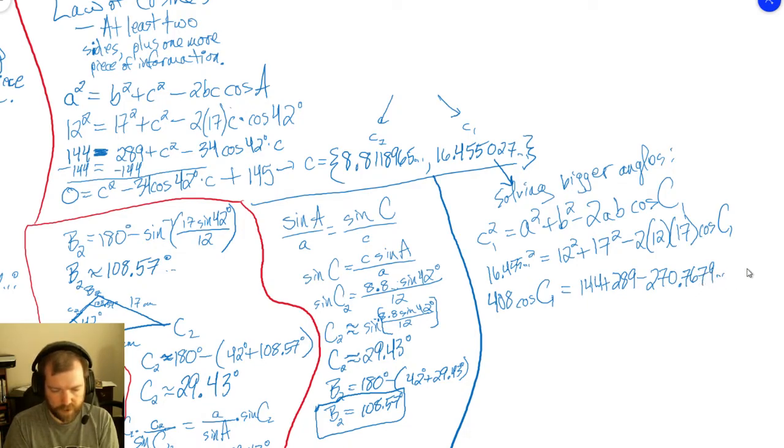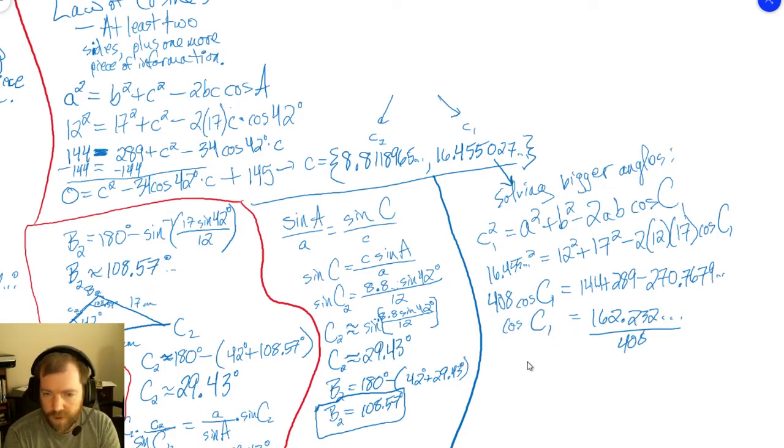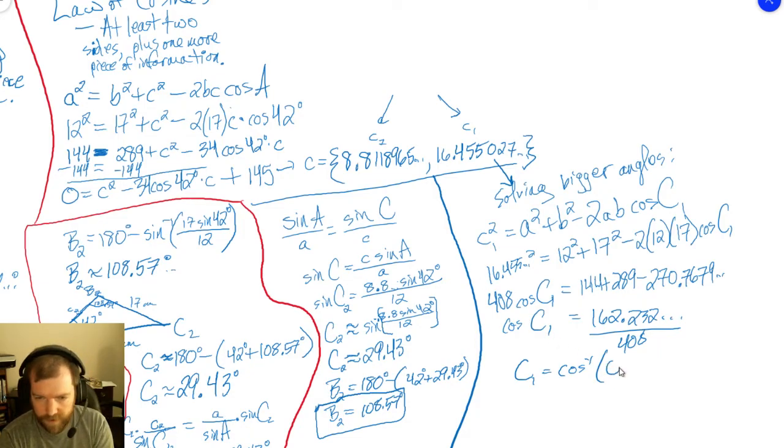144 plus 289 minus answer. It's going to be 162.232 and more stuff. Divide by 408 is going to get you the cosine of C1. And then C1 is going to be equal to the inverse cosine of that stuff. 162, etc. over 408 is very approximately 0.397627.